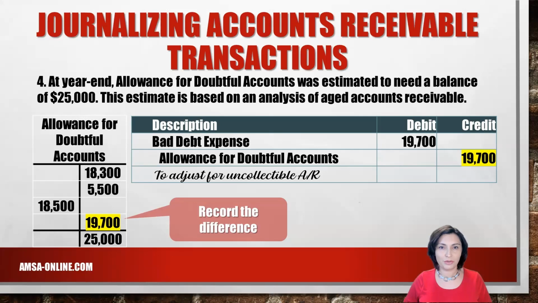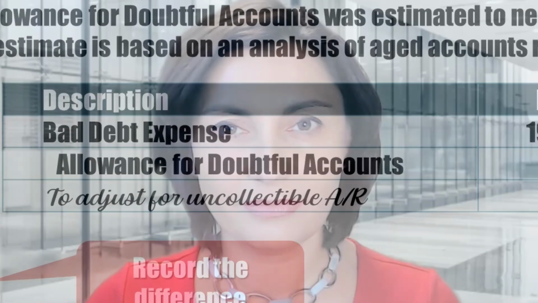To record an increase in the allowance account, we debit or increase the bad debt expense account and credit or increase the allowance for doubtful accounts account by $19,700. The ending balance in the allowance account is now $25,000 as required.